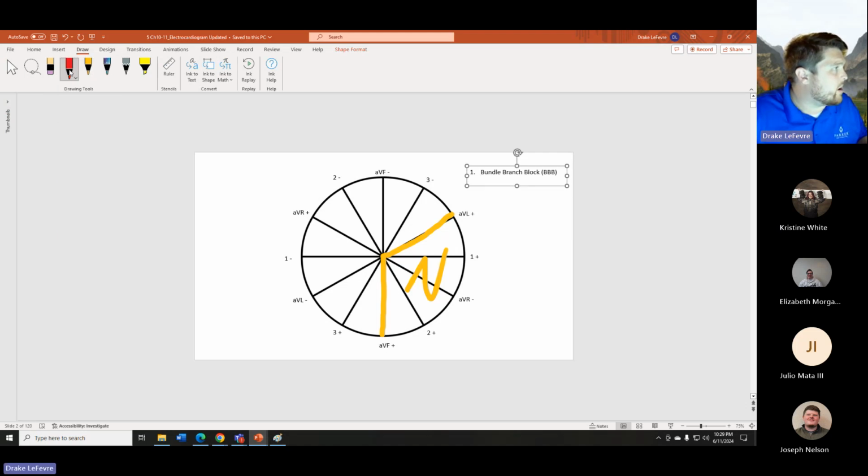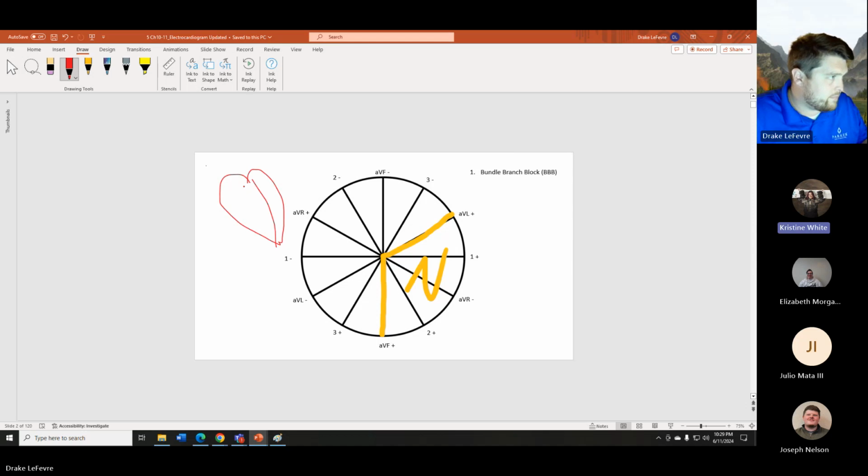So for example, we have our heart right here. We have our SA node. We have our AV node, bundle of His, and then the bundle branches right here. For some reason, one of these bites the dust. So what happens is this bundle branch, in this case the right side, gives out.